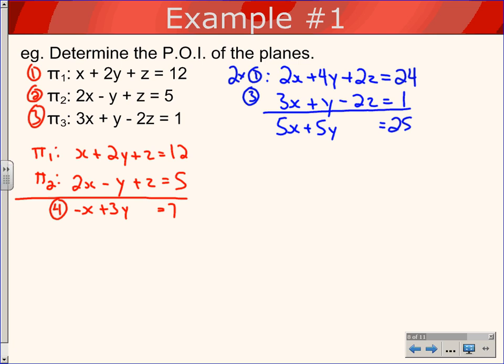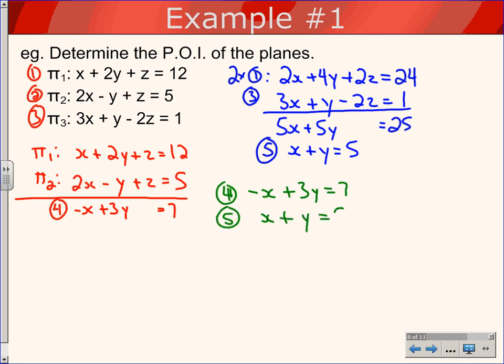Now that one will simplify a little bit. 5, 5, and 25, I'm just going to divide everything by 5, to make my numbers a little better. I'm now going to call that equation 5. So I've got equation 1, 2, 3, 4, and 5 now. I'm going to pull equation 4 over, minus x plus 3y equals 7, and equation 5, x plus y equals 5.